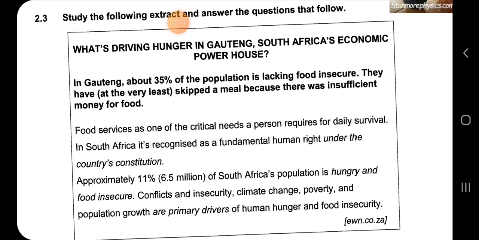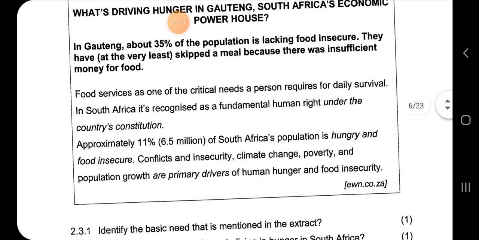Food, as one of the critical needs a person requires for daily survival in South Africa, is recognized as a fundamental human right under the country's constitution. Approximately 11%, which is about 6.5 million, of South Africa's population is hungry and food insecure. Conflicts and insecurity, climate change, poverty, and population growth are primary drivers of human hunger and food insecurity.